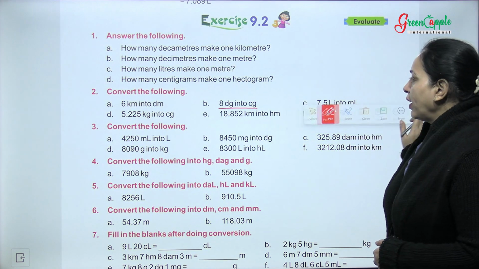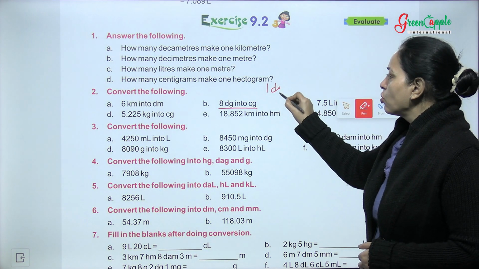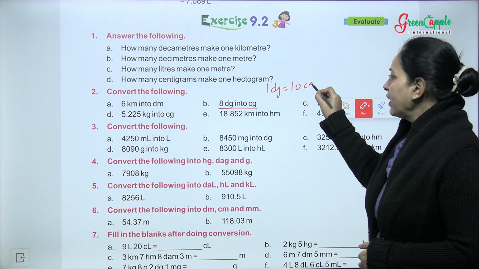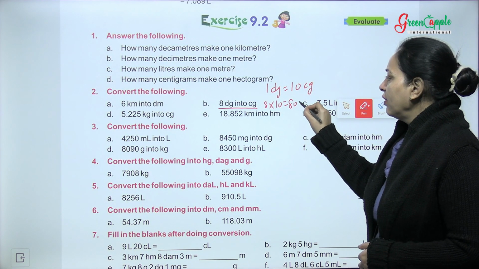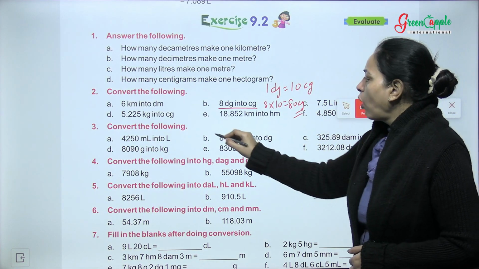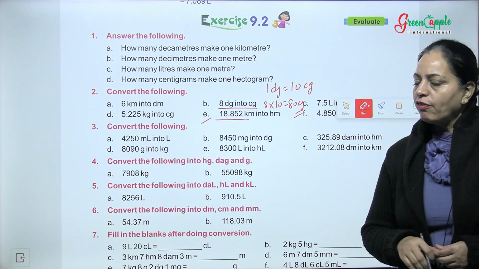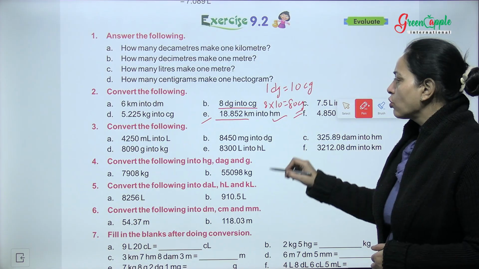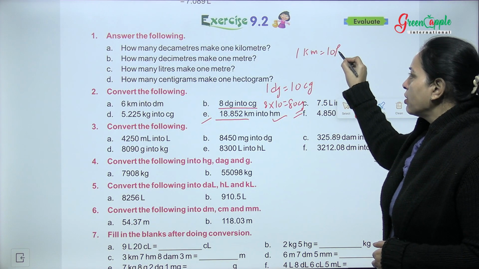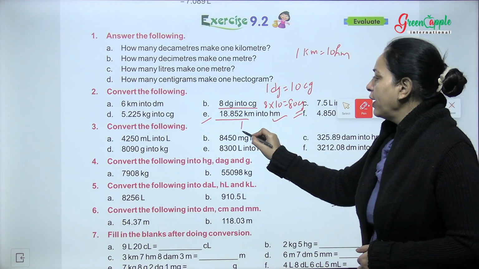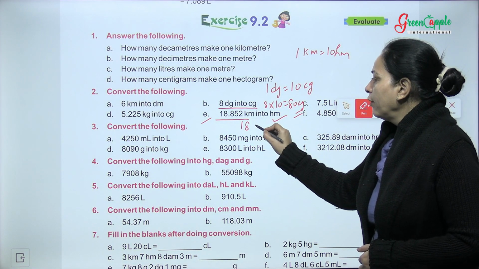So 1 decigram equals 10 centigram. So 8 into 10, 80 centigram. Now E part, 18.852 kilometer into hectometer. So 1 kilometer equals 10 hectometer. So multiply by 10. So what will you get?